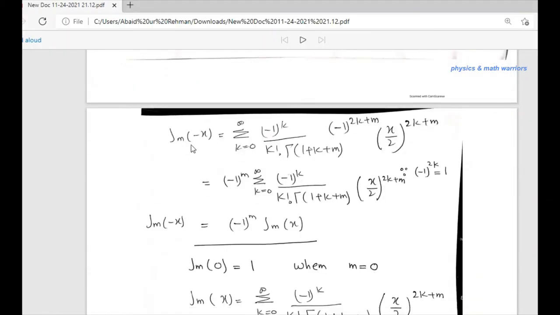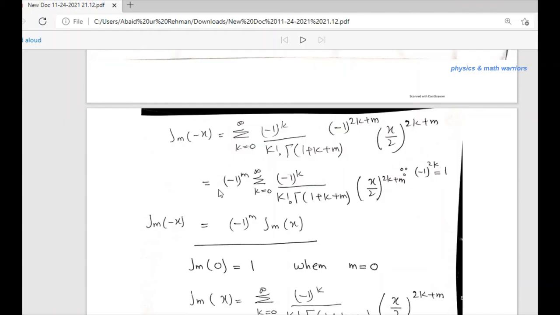And J m of minus x is equal to the summation k equal to 0 to infinity of minus 1 raised to power k, times minus 1 raised to power 2k plus m, over k factorial gamma of 1 plus k plus m, times x over 2 raised to power 2k plus m. We know minus 1 raised to power 2k is equal to 1.